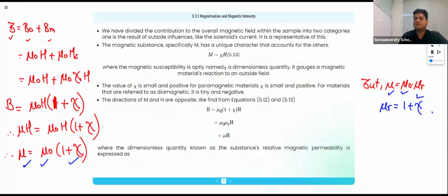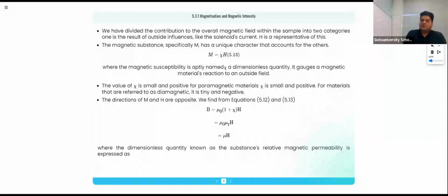Okay, once more about this formula, from where it comes into the picture: from B is equal to B naught plus Bm. What is B naught?